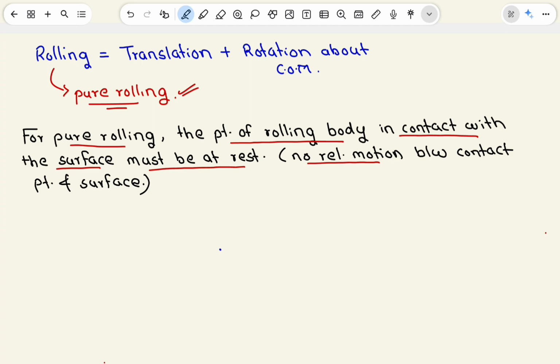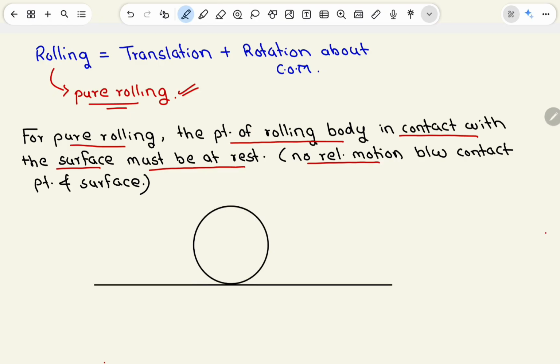Now, to derive that condition, we have to look at a diagram. The diagram has appeared on the screen, and we can see that it consists of a body which is rolling on the surface. This is the center of the body. The body's center of mass has velocity v, and the body is rotating about the center of mass with an angular velocity omega.